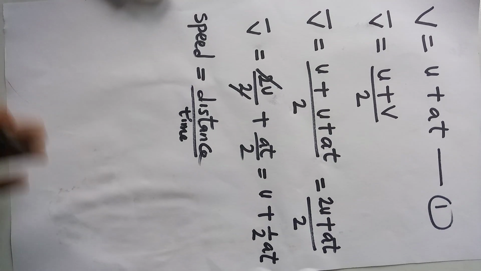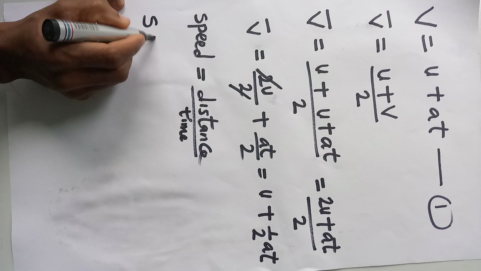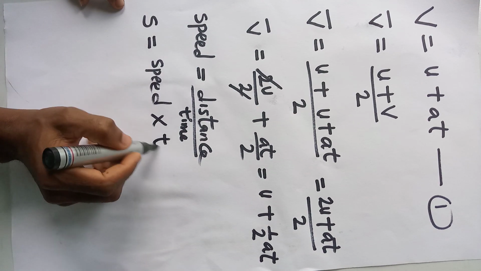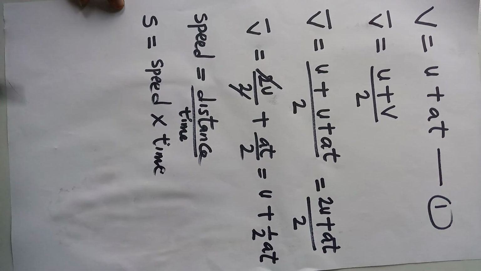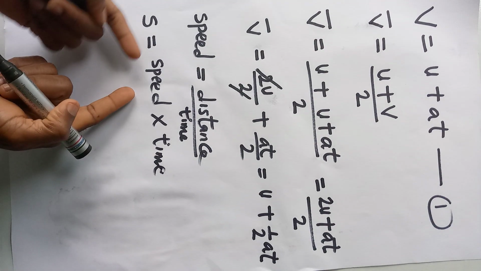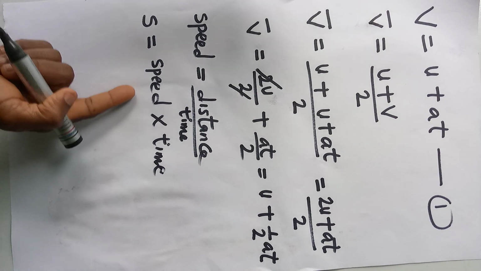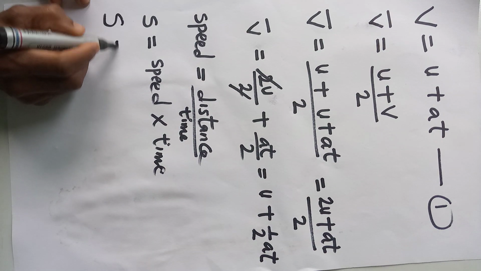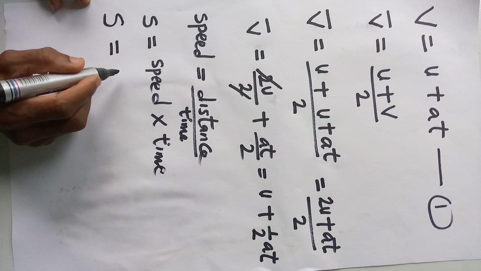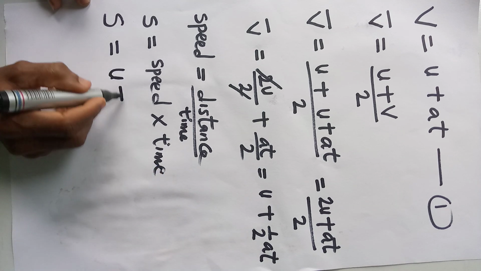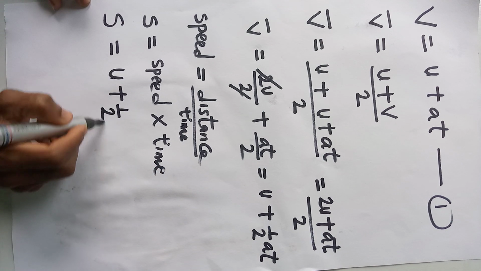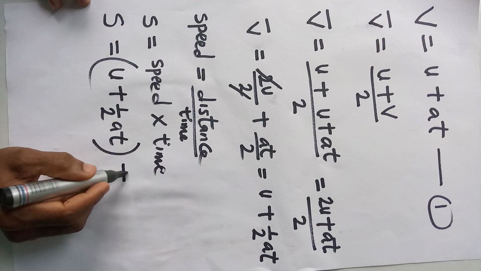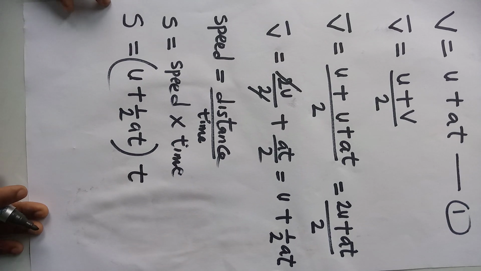All right, so therefore we can say distance is equal to speed times time. And recall, our speed is also our average velocity, and average velocity has been given to be this. So therefore our distance S will be equal to speed, which is U plus 1 over 2 AT, times time T.